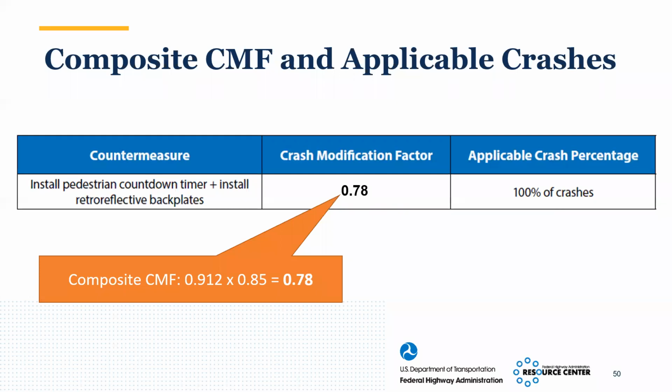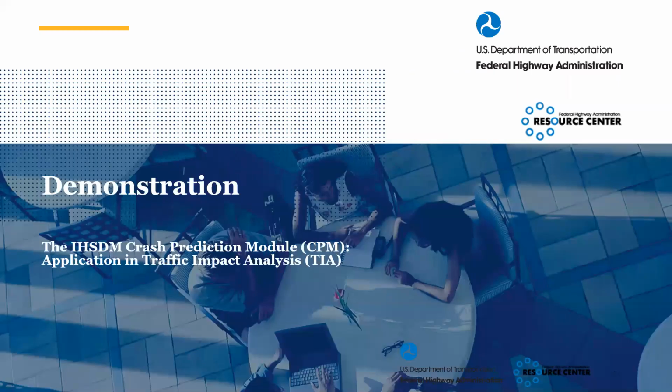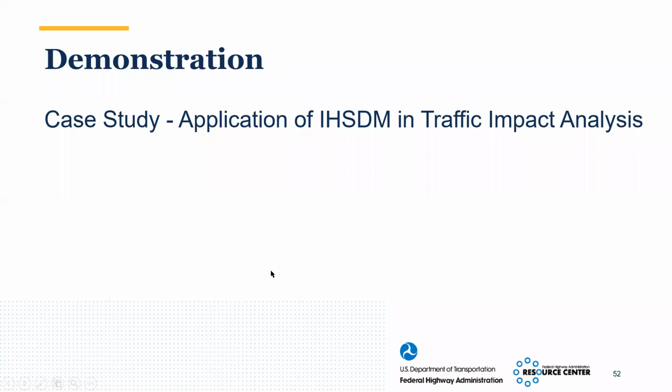For those 2 CMFs, they came up with a composite CMF of 0.78, which will be used for the safety analysis and also in the IHSDM. After this brief introduction, I will pass again to Mike for an IHSDM demonstration.